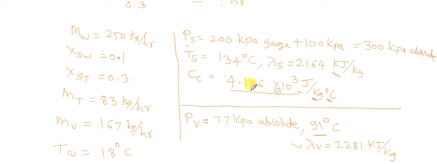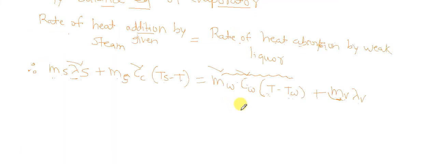This will be CC, and the same will be our CW value. This is the specific heat capacity of water, so for CC, that means the condensate, and for the weak liquor, we consider the same value. Okay, so this value is given, T given, TW given, and MV we have calculated.